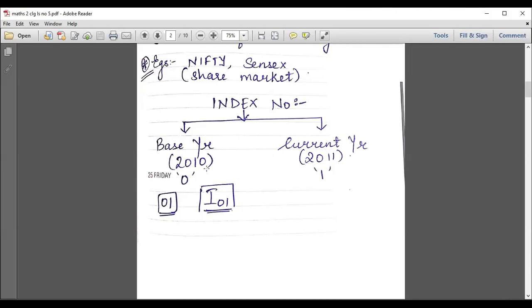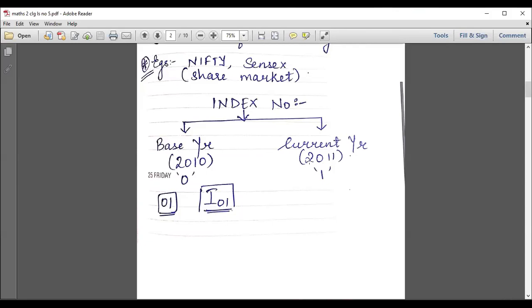2010 is basically called the base year and 2011 can be called the current year. That means whichever year is the smallest is considered the base year, and the biggest among the 2 years can be considered the current year.